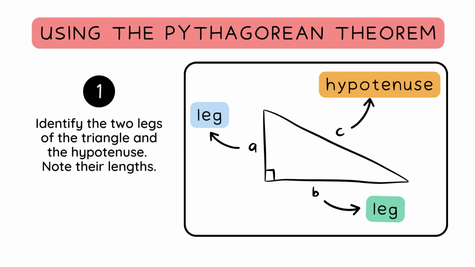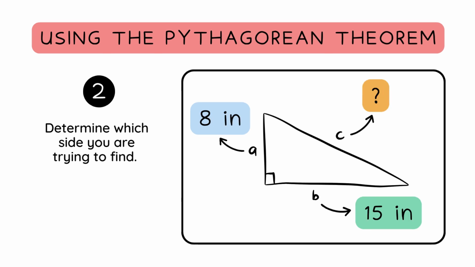The first step was to identify the two legs and hypotenuse and note down their lengths. The sides that form the right angle are called legs, and the side opposite to the right angle is the hypotenuse. Then you set down the lengths.